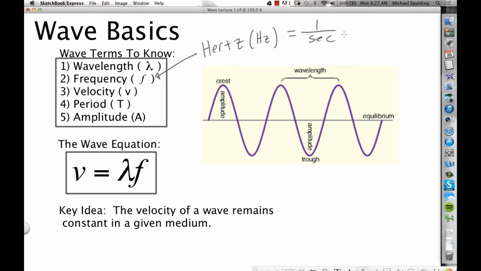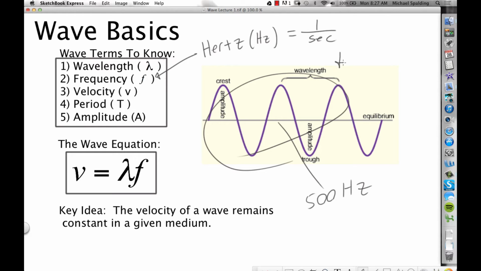It means per second. So what if I told you that this wave right here had a frequency of 500 hertz? What would 500 hertz mean? 500 waves per second. Like if you put your finger right there, how many waves would pass your finger in 1 second? 500, if the frequency were 500 hertz.